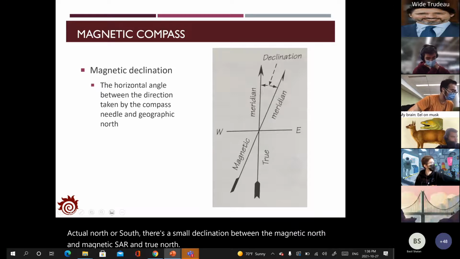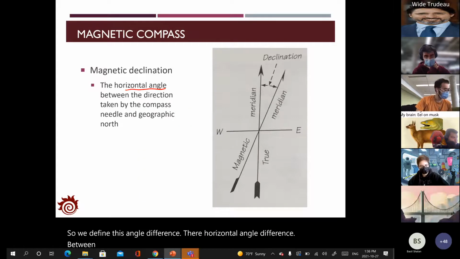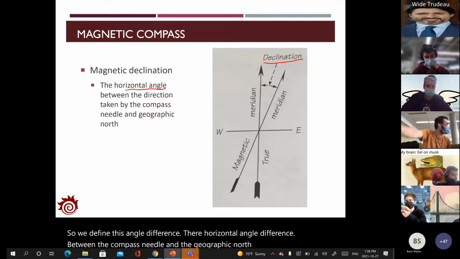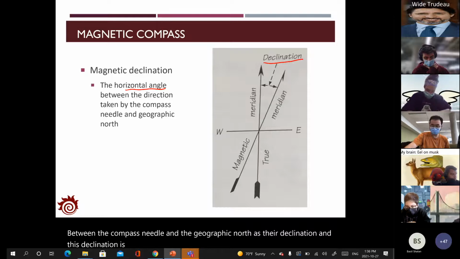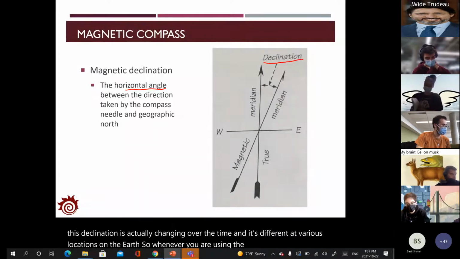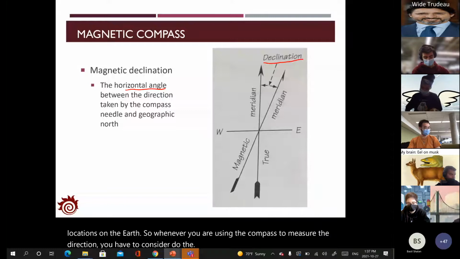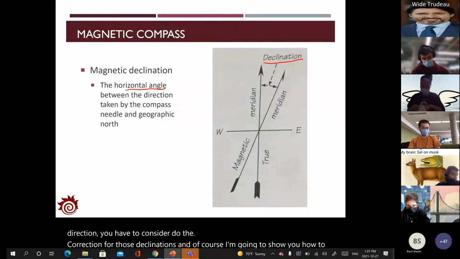So we define this horizontal angle difference between the compass needle and the geographic north as the declination. And this declination is changing over time, and it's different at various locations on the Earth. So whenever you are using the compass to measure direction, you have to do the correction for those declinations. And of course, I'm going to show you how to do the correction.